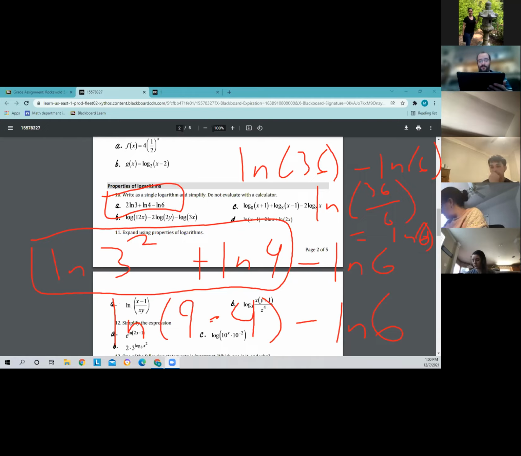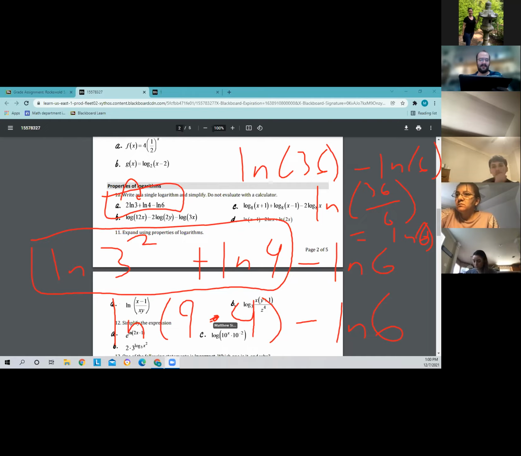So we're starting this off and working this sort of backwards from what we did when we expanded. I think we started expanding first and then we started condensing. But when we were expanding, the last thing we did was those exponents. So that exponent rule, if it's out in front of the log, we can bring it up as an exponent inside the log, was the first rule that we used. The next thing is that if we're adding 2 logs, we can combine them as multiplying inside the log.